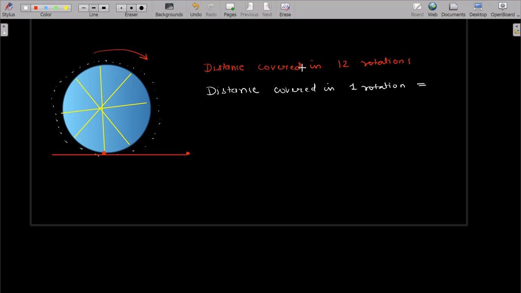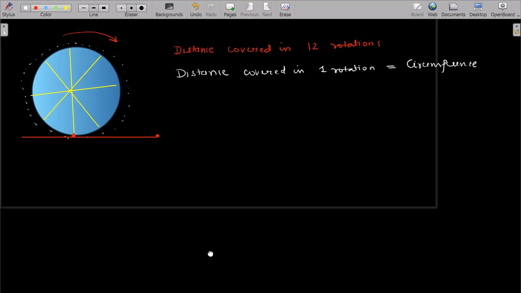Don't you think? So that's the concept that we should know, that whenever a circular object is rotating, if a wheel is rotating, or let's say even a cylinder is rotating, so we should know that the distance covered in one rotation will be equal to the circumference of this wheel. So that is going to be 2 pi r, whatever is the radius of this wheel.